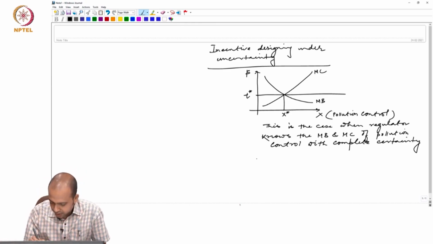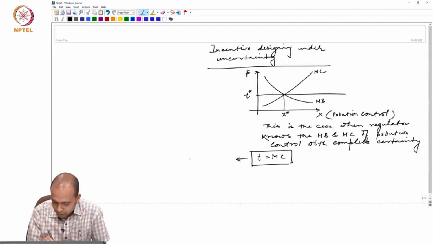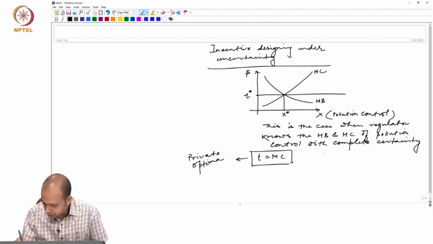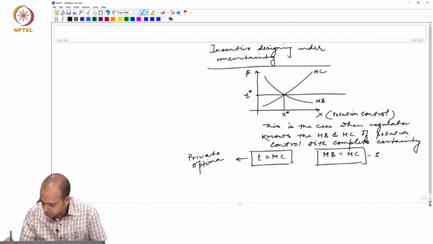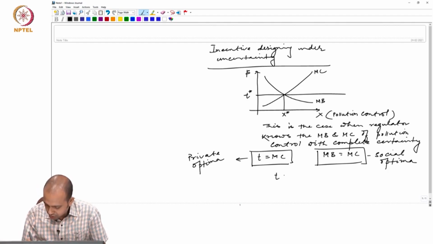In this case the polluting firm will equate T equals MC to decide its private optima. This is called private optima, and MB equals MC is the social optima. If I equate these two, T equals MC equals MB.